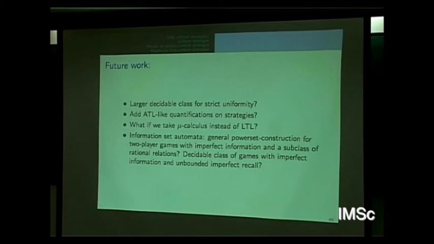So maybe it would give insights on what are the minimal requirements on the player's abilities for having a power set construction that works. And maybe it can help start to study general classes of games with imperfect recall, but with unbounded memory, imperfect recall.